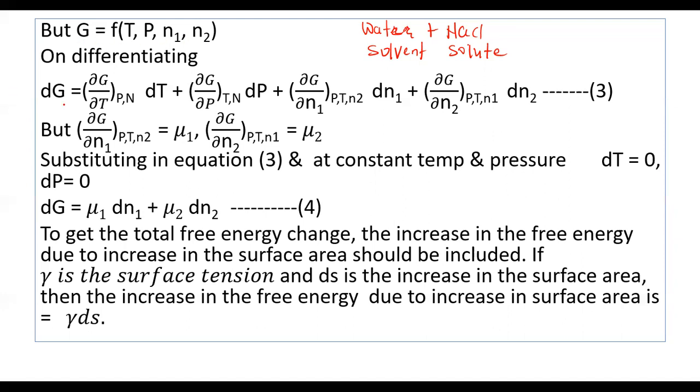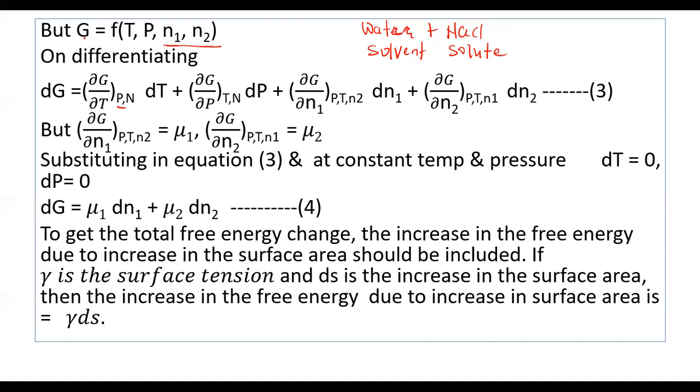So differentiation of G is dG. The change in the free energy with respect to temperature, that is delta G upon delta T, keeping pressure and composition N1, N2 constant, into dT, plus the change in the free energy with respect to pressure, keeping temperature and number of moles constant, into dP.